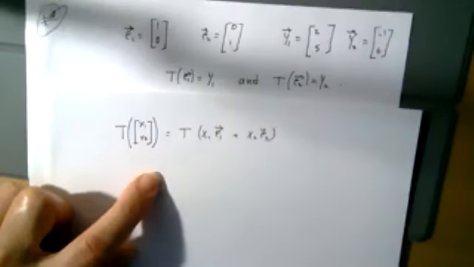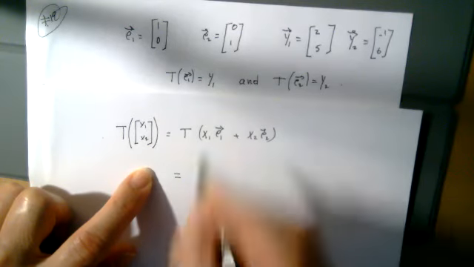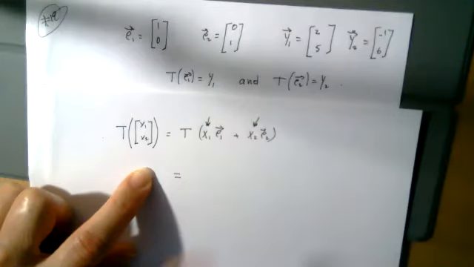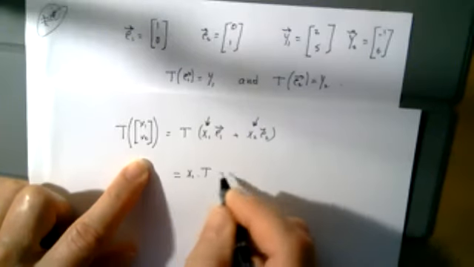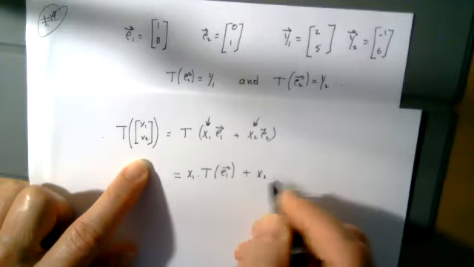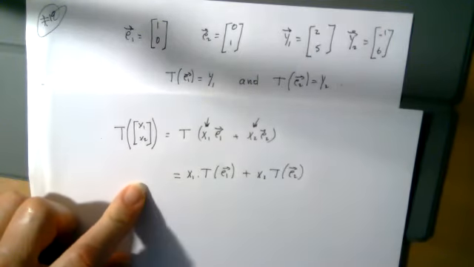That's what it is. Now I'm going to use linearity. Again, these are scalars. Those are the weights of the linear combination. And E1, E2 are my vectors. So it's going to be x1 T of E1 plus x2 T of E2.